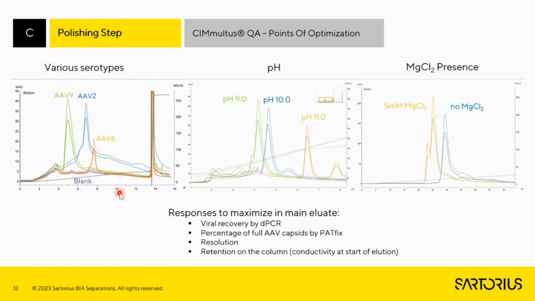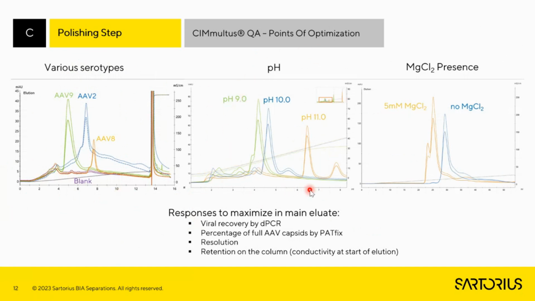AAV2, AAV9, AAV8, or any other serotype will behave differently, even sometimes within the serotype itself. Depending on your genome, your target, it might also behave differently. So there is not really a platform process, but with small tweaks you can cover quite a wide range, and then adapt your process to match the conditions for your exact product.